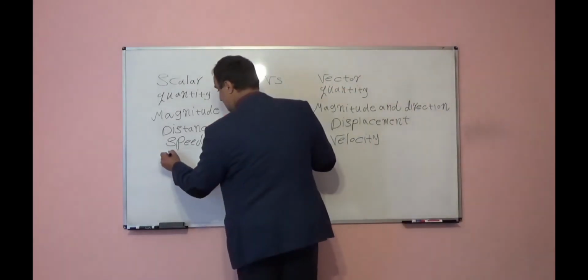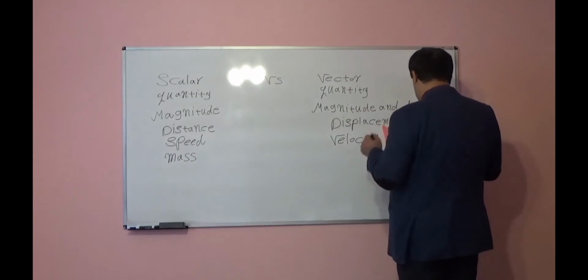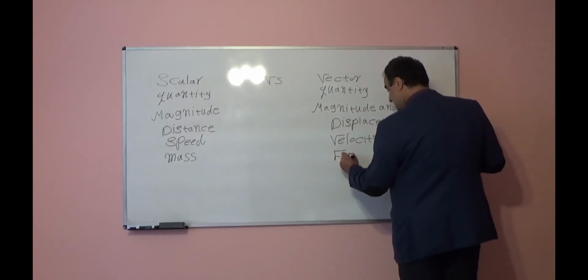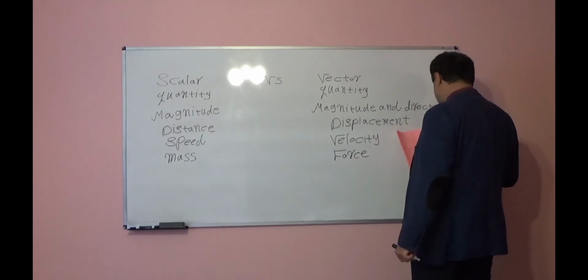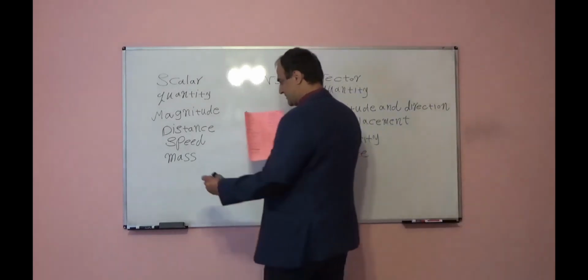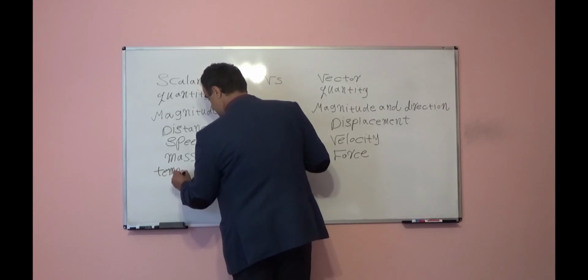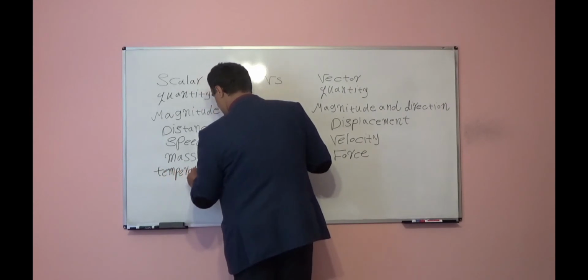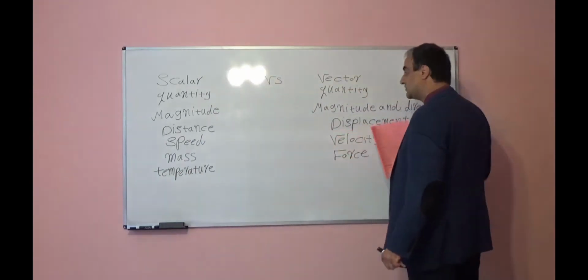Mass. You need only magnitude, so it is a scalar. But force, you need magnitude and direction of the force. So it is vector. Temperature. Temperature you can describe only using magnitude, so it is a scalar.